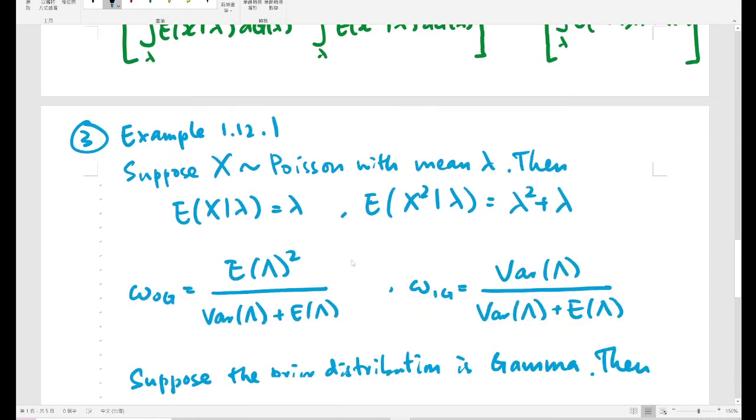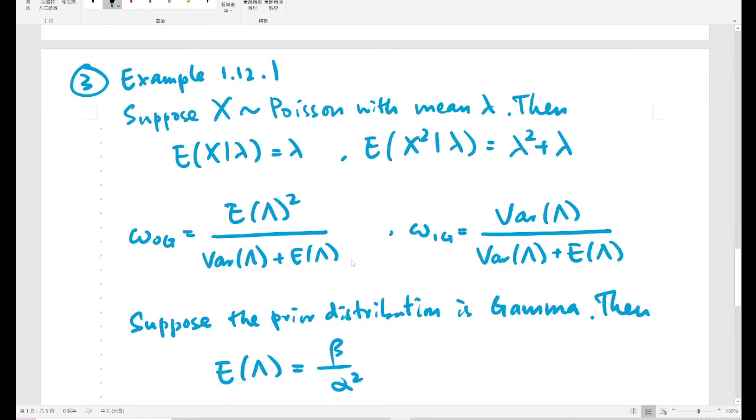Then let's consider some concrete example. We go back to the example where the conditional distribution of x is a Poisson distribution and the parameter in the Poisson distribution is lambda. It is straightforward then that the conditional mean of x is lambda and the conditional second moment of x is lambda squared plus lambda.